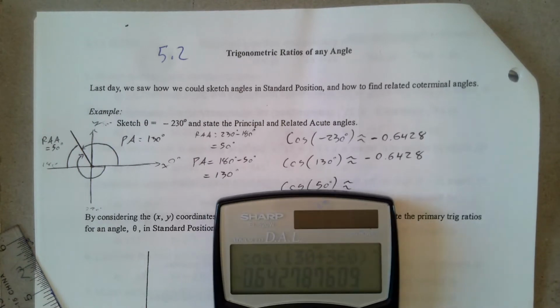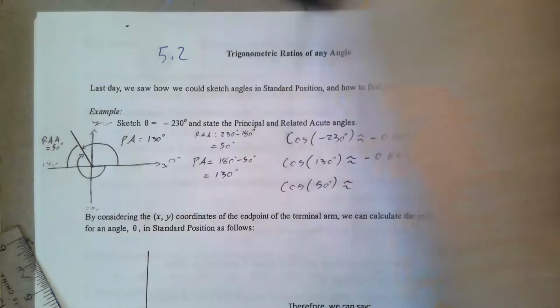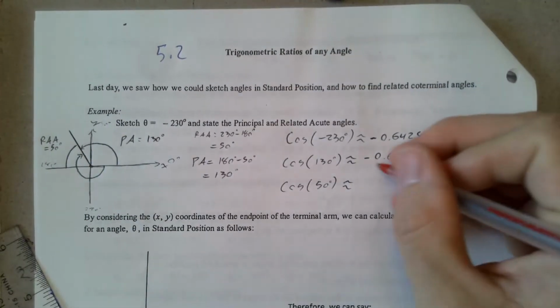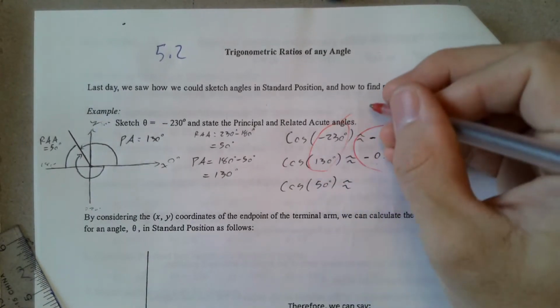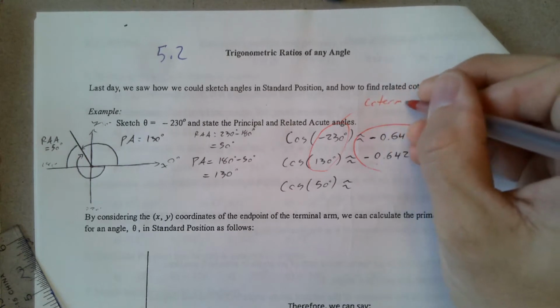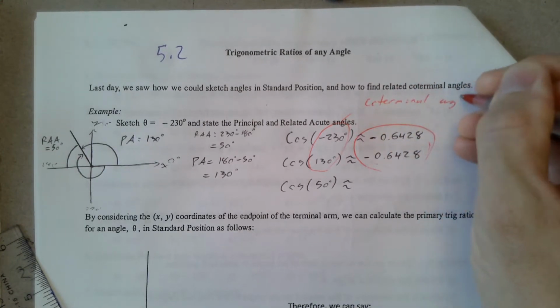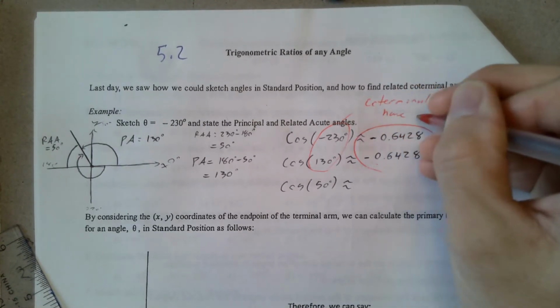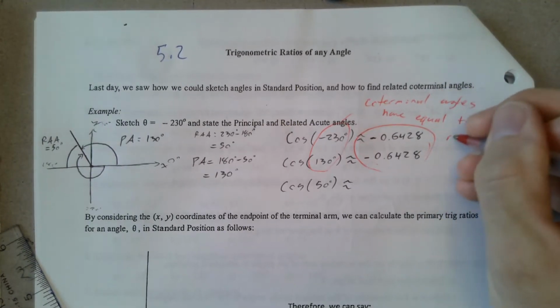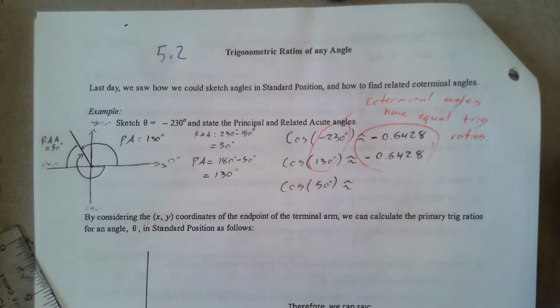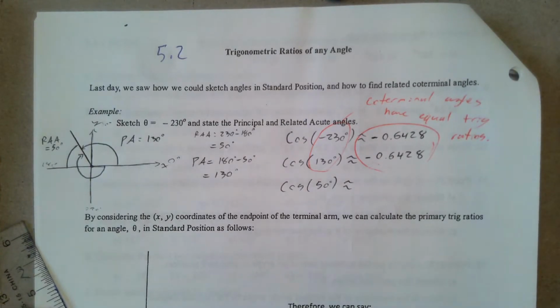I get the exact same value. These are the same. The trig ratios are the same because these angles are coterminal. Coterminal angles have equal trig ratios. And our new definition will explain why that's the case.